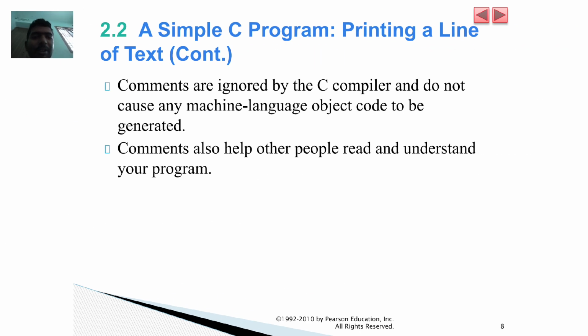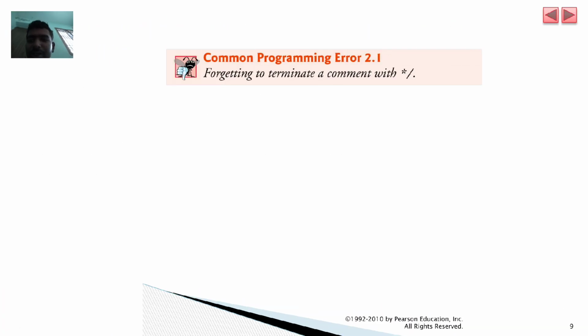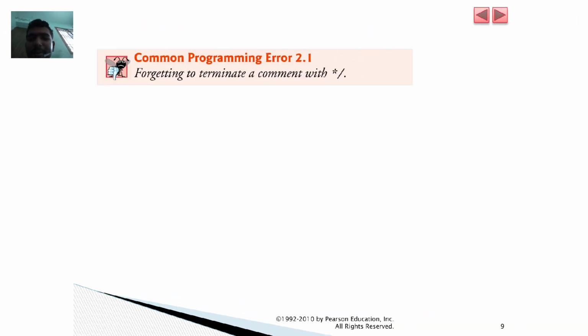Next, a simple C program for printing a line of text. Comments are ignored by the C compiler and do not cause any machine language object code to be generated. Comments also help other people read and understand your program. When you write comments, it is helpful for new users to read about it. A common programming error: forgetting to terminate a comment with star and slash.